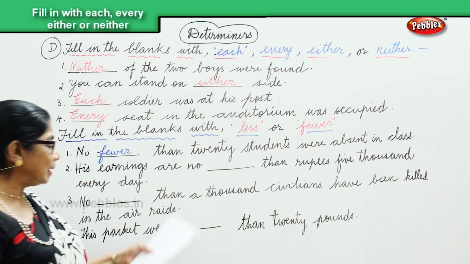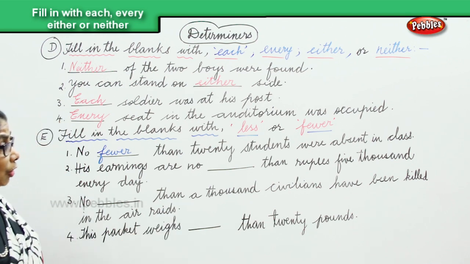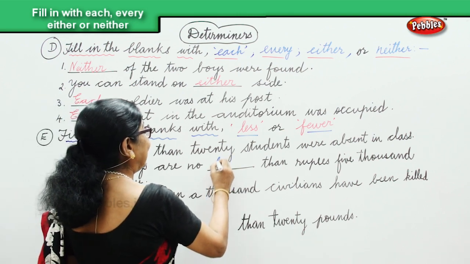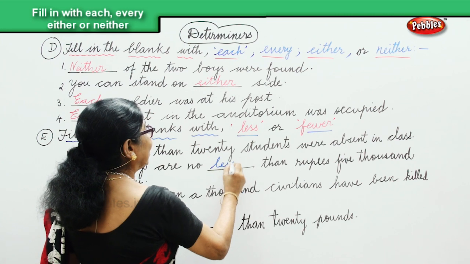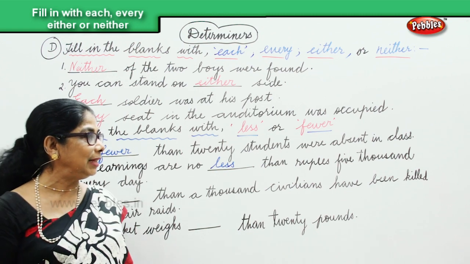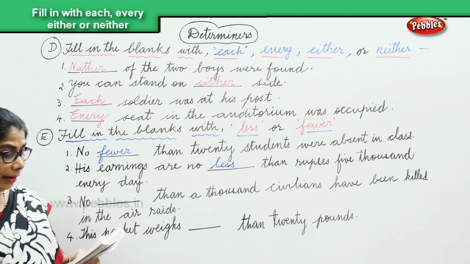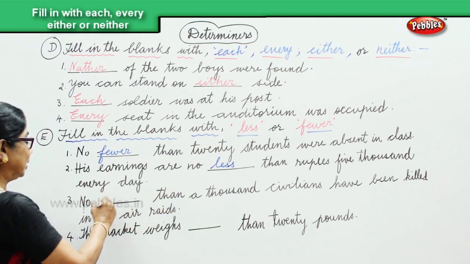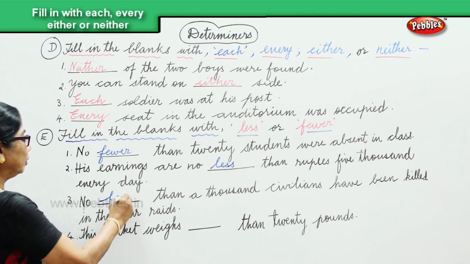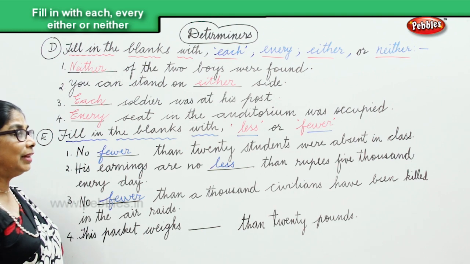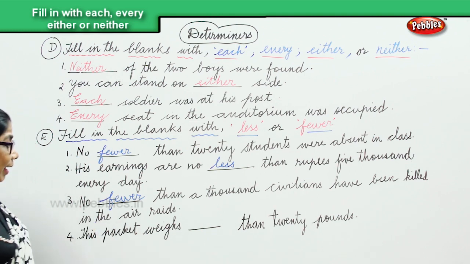His earnings are no less than rupees 5,000 every day. No less than 5,000 every day. And the fourth one, no dash than 1,000 civilians have been killed in the air raid. No fewer than 1,000 civilians have been killed in the air raids.